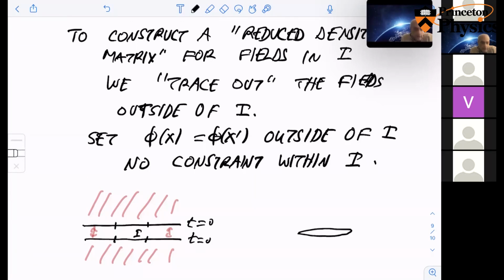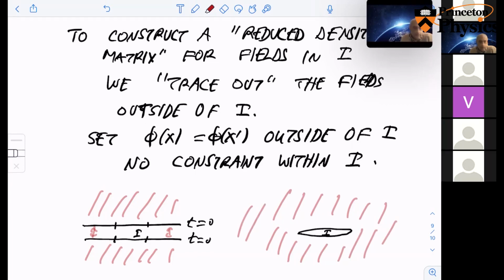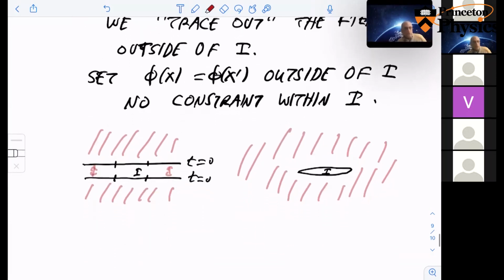Only region I will be doubled. Outside of region I, we glue everything together. And now the picture looks just like this one.